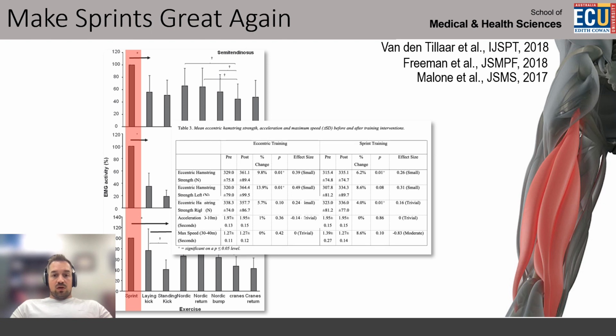And when we look at long-term effects, sprinting seems to be as good as a Nordic hamstring curl intervention for eccentric strength gains, plus you get faster, especially if you consider the effect sizes of both interventions.